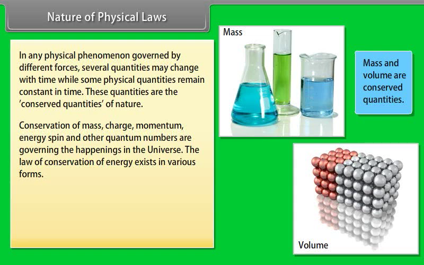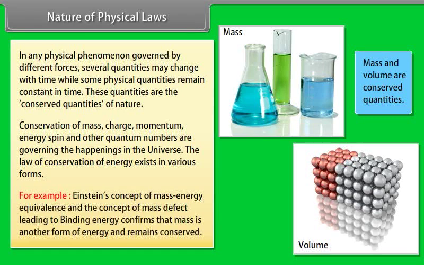The law of conservation of energy exists in various forms. For example, Einstein's concept of mass-energy equivalence and the concept of mass defect leading to binding energy confirms that mass is another form of energy and remains conserved.